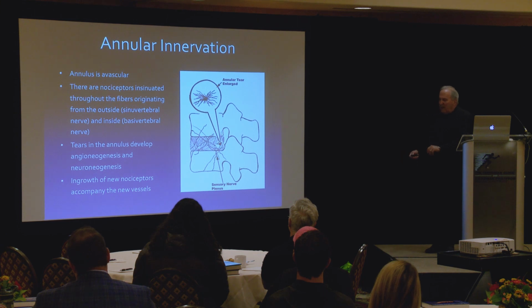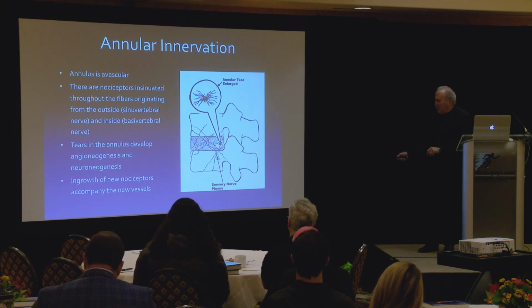So why do we have pain in the back? Well, it's because the annulus is imbued with pain receptors. Nociceptors, of course, are the pain receptors, and they originate from the outside and inside. Outside is the sinuvertebral nerve. On the inside, we think it is the basivertebral nerve, which comes through the basivertebral vein outflow.